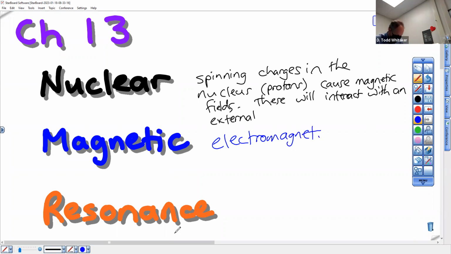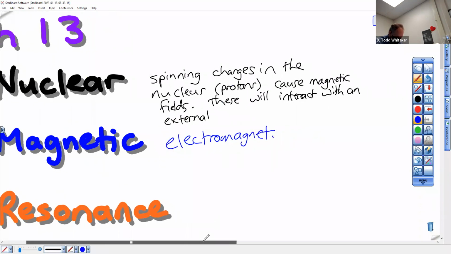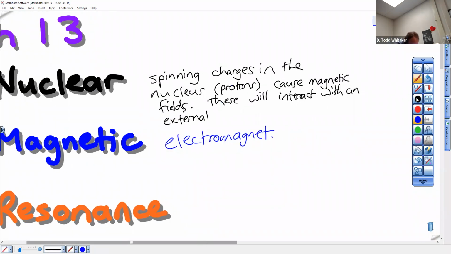Here's the deal. My spinning charge, here it is, and this one is rotating. Let's try it this way. Here. Okay, and that's this one, and that causes a magnetic field upward.